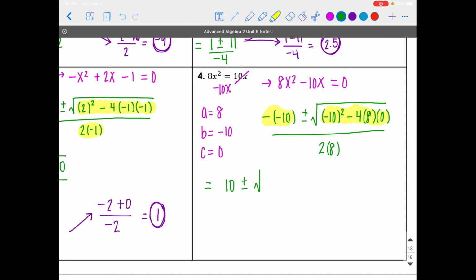Now we need to type that in our calculator. So negative 10 in parentheses, make sure you do parentheses, squared minus 4 times 8 times 0. And that gives us 100 divided by 16. So this is 10 plus or minus 10 divided by 16.